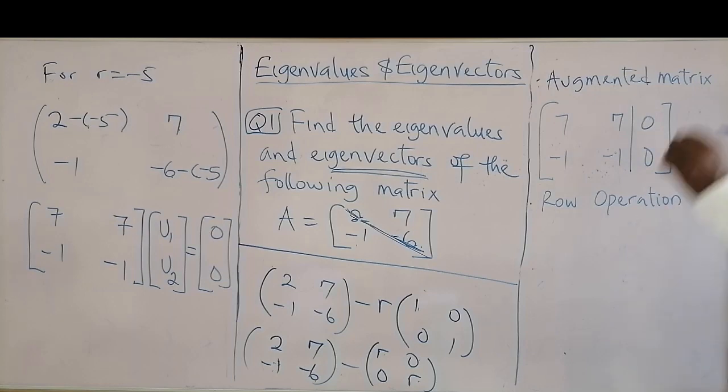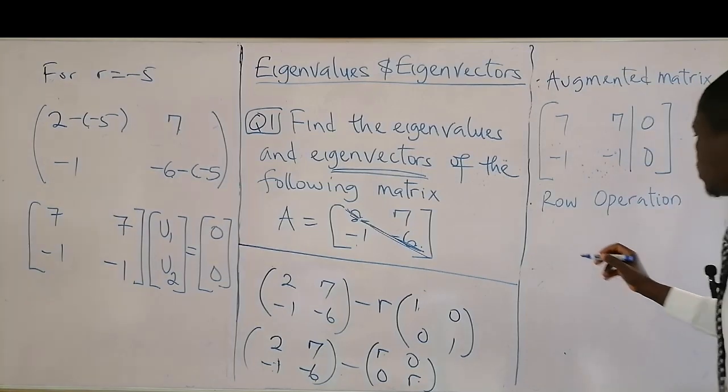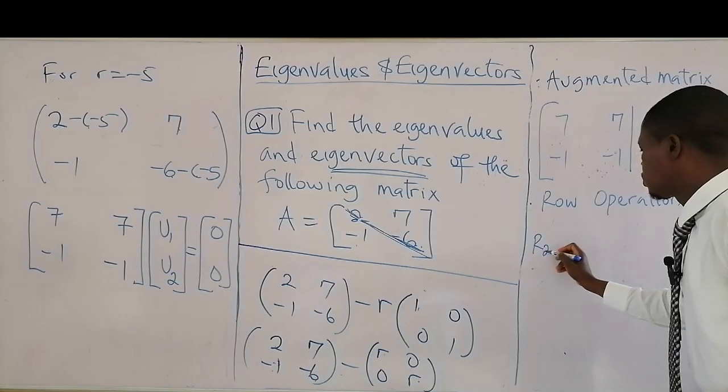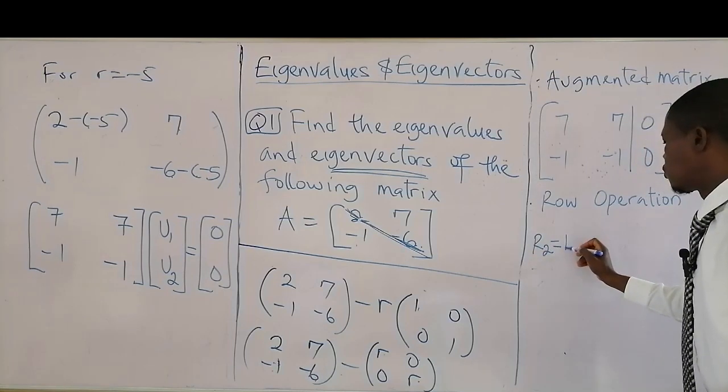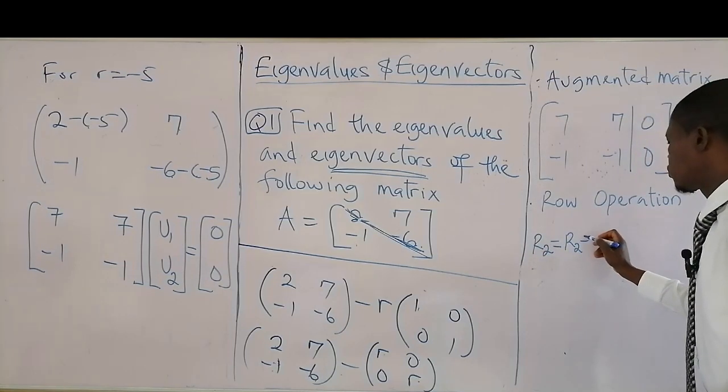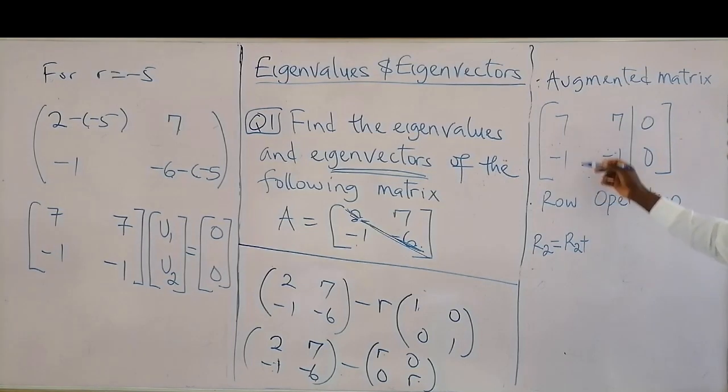And what we are trying to do here is, you can say row 2 is equal to row 2 plus... We want to make this to be 0, if possible. So this one also 0, 0, 0.